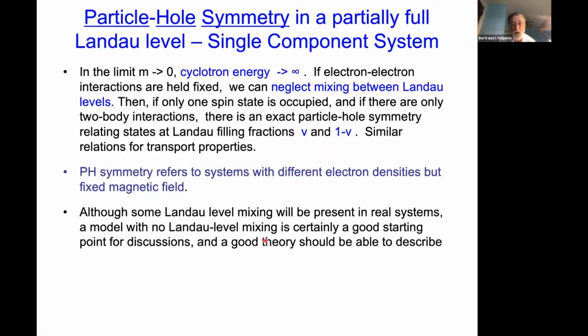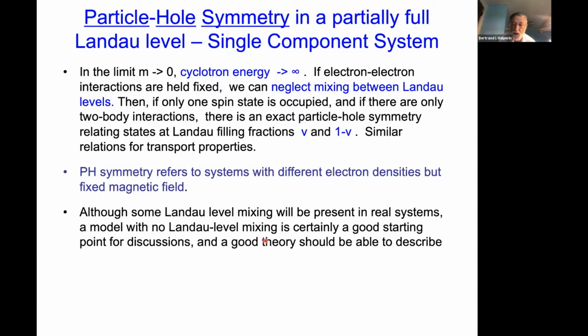And now if I have only one spin state occupied, and if there are only 2-body interactions, no 3-body interactions, for example, then there is, in fact, an exact particle-hole symmetry, which relates a state at a Landau level filling fraction nu with a mapping onto states with 1 minus nu.